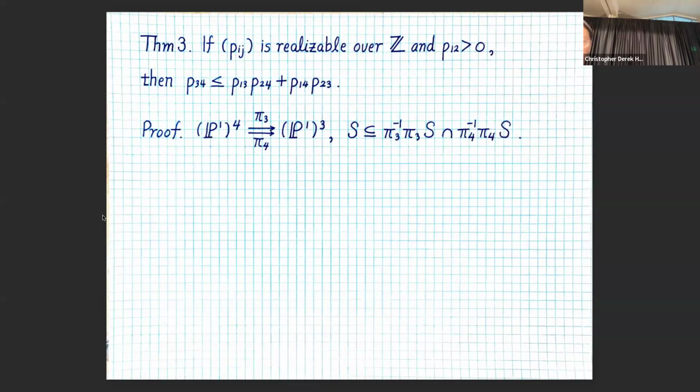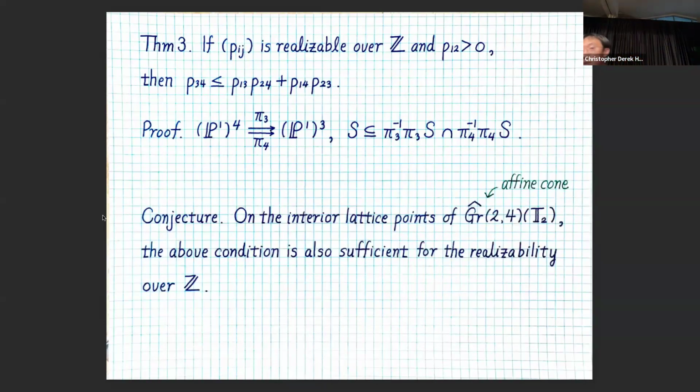You look at two coordinate projections, pi 3 and pi 4, and just observe that S is contained in the intersection of the inverse images of pi 3 and pi 4. And the very optimistic conjecture is that in addition to the Gr24 T2 condition, which is necessary, this inhomogeneous condition will essentially characterize the realizability over Z, in the case where X is P1 to the 4.